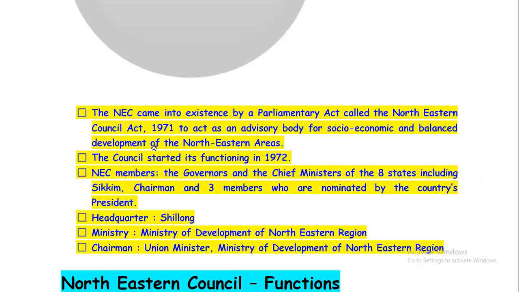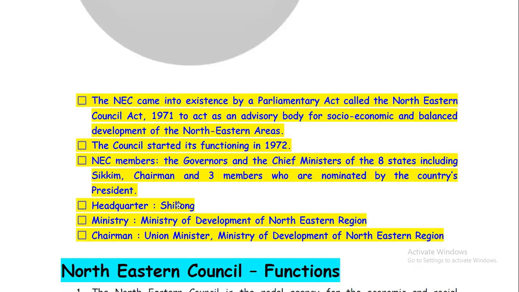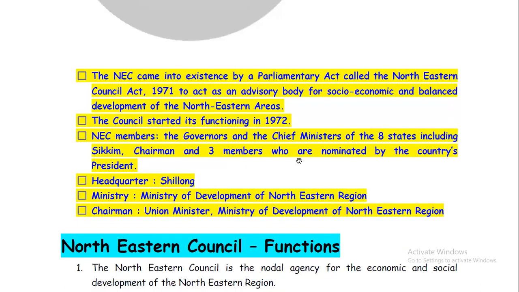It was established through the Northeastern Council Act 1971 and started functioning from 1972. Members are the governors and chief ministers of the 8 Northeastern states, including Sikkim, and members nominated by the country's president. Its headquarters is at Shillong, under the Ministry of Development of the Northeastern Region, and the chairman is the Union Minister, Ministry of Development of the Northeastern Region.